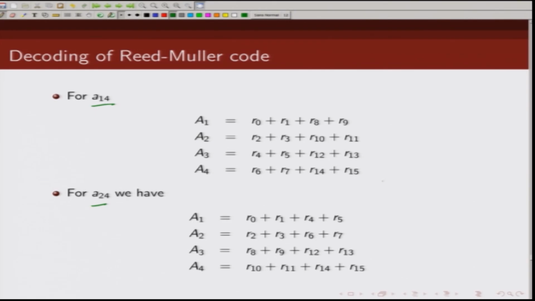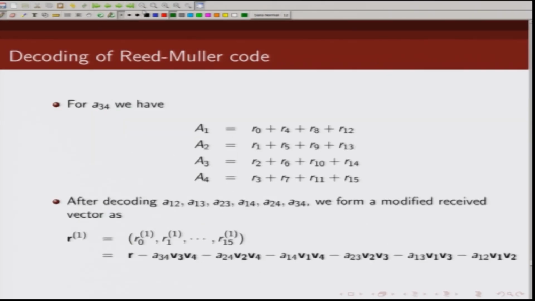I have just listed here, you can verify yourself that if you add these bit locations you will get independent information about A14, similarly for A24 and A34. Now, once you have decoded all of these, remember the way we are decoding is, we are getting 4 independent views about the same bit.